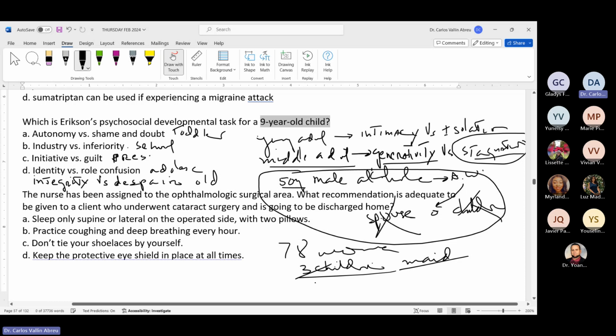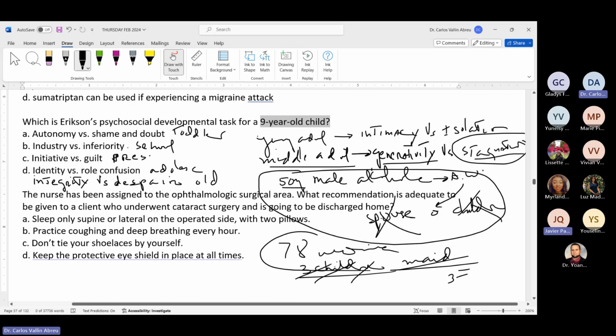One is a lawyer, the other one is a nurse, and the other one is, I don't know, an accountant. In which stage is this woman? A single mother that worked all her life as a maid, never passed beyond third, fourth, fifth grade, and has 3 children that are professionals. In which stage do you think this woman is?